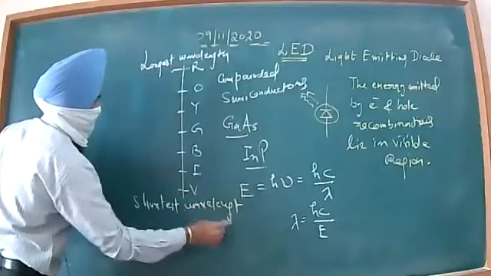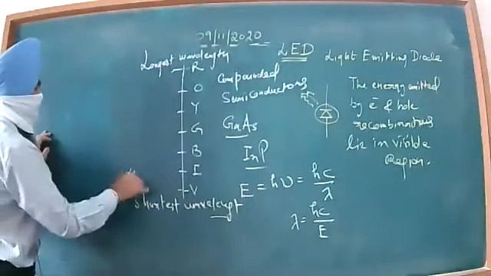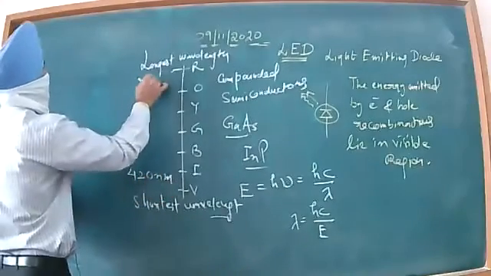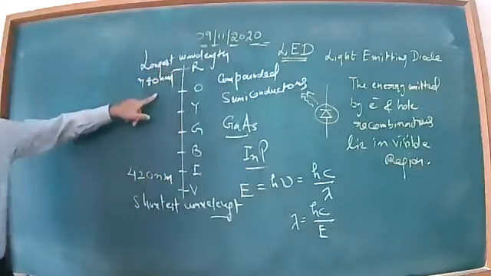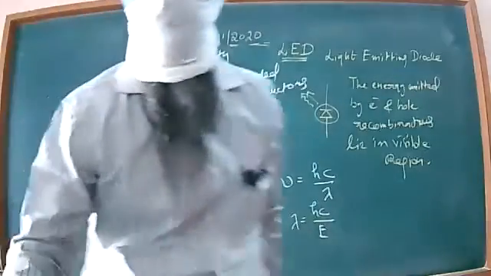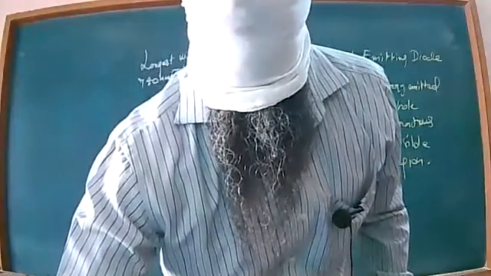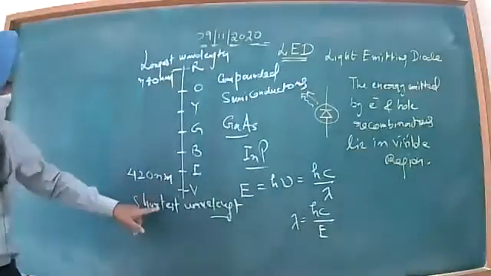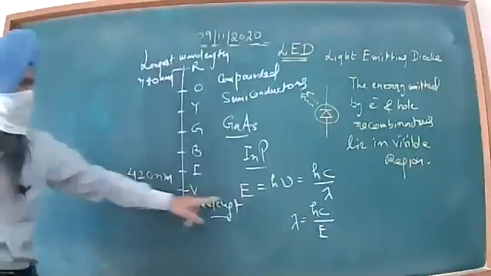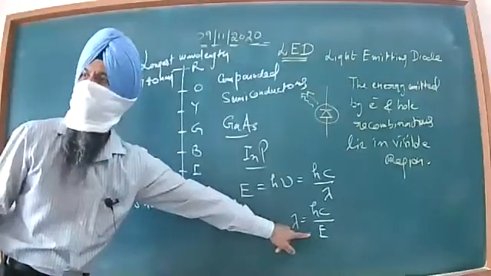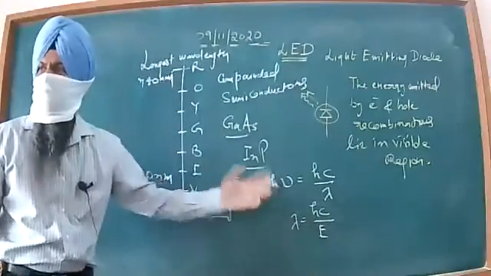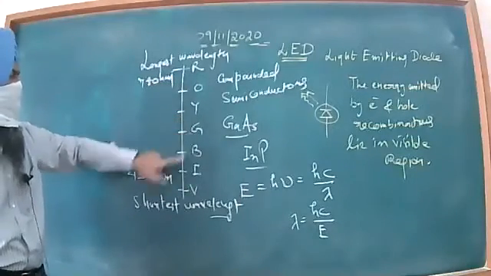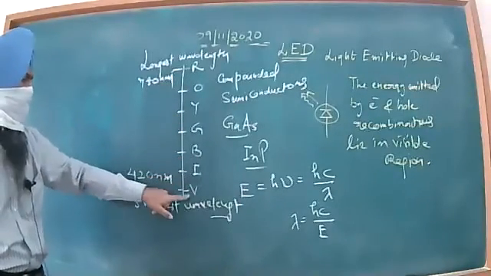The shortest wavelength is 420 nanometers, and it is 780 nanometers for the red color. Dear students, you can see that if wavelength is less, energy will be more. If energy is more, wavelength will be less. So red color, orange, yellow, green, blue, indigo, violet.